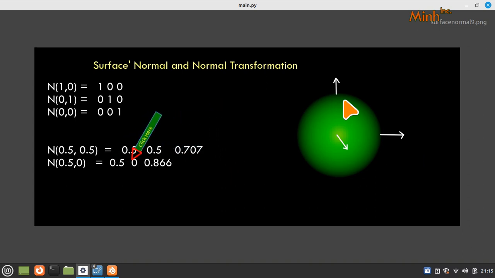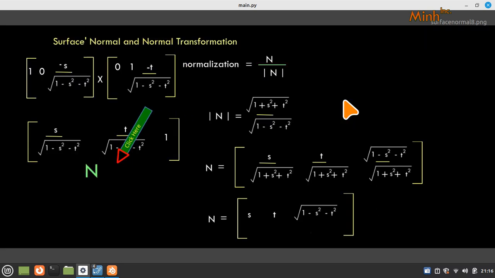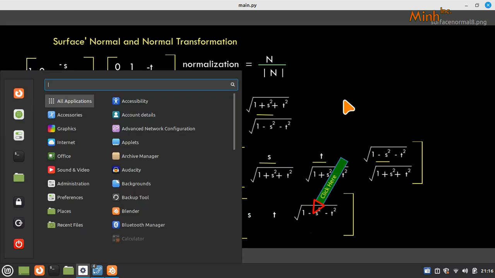So in x direction 0.5, y direction 0, we don't worry about where it hits on the top. But it will be greater than this z. So it will be 0.5, 0, 0.866. So t is 0, s is 0.5, this will be 0.25, and then 1 minus 0.25, 0.75.